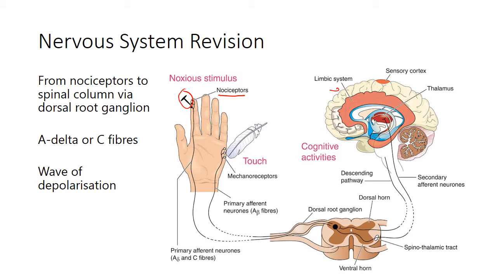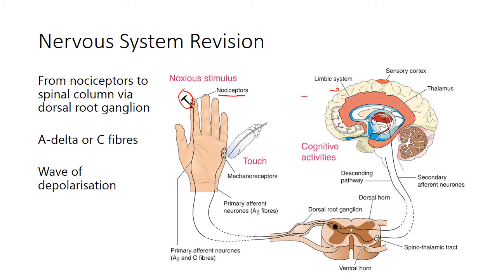And we also know that we respond to painful stimuli such as extremes of hot and cold, or chemical stimuli that lower the depolarization threshold. We'll talk about depolarization more in the next slide.